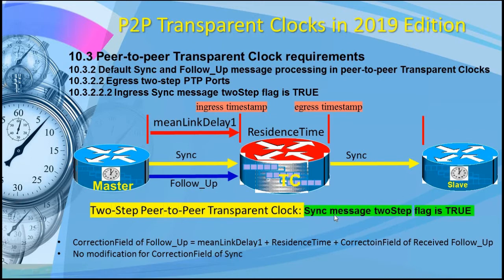Because the sync message two-step flag is true, the follow-up message will be received on the ingress port. After receiving the follow-up message, the TransparentClock will modify the correction field of the follow-up message.